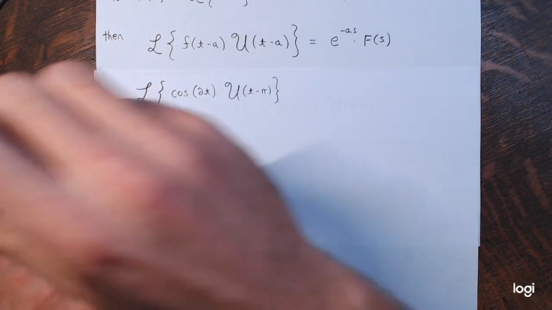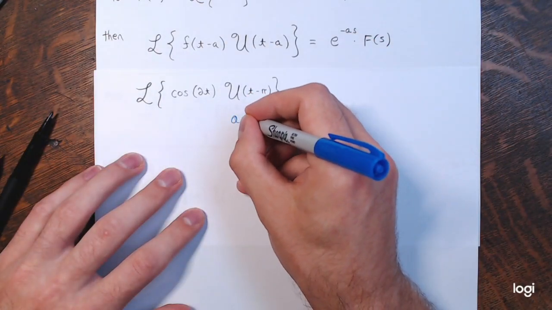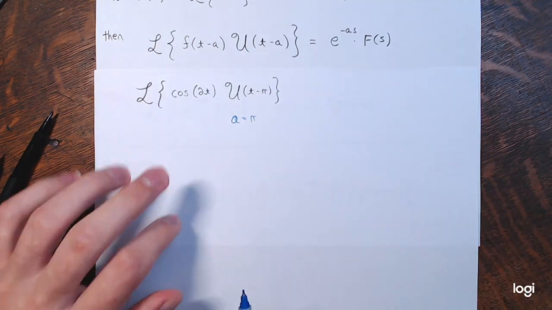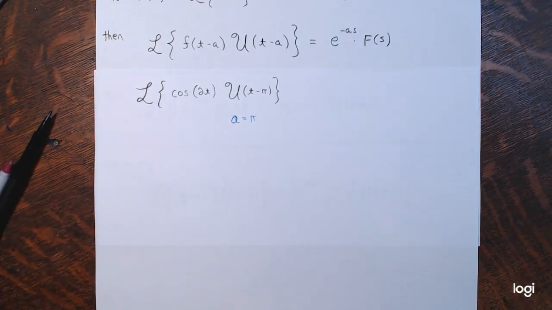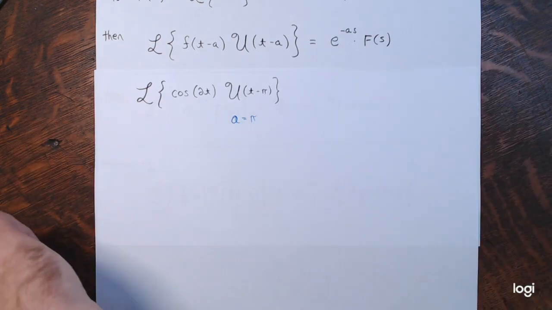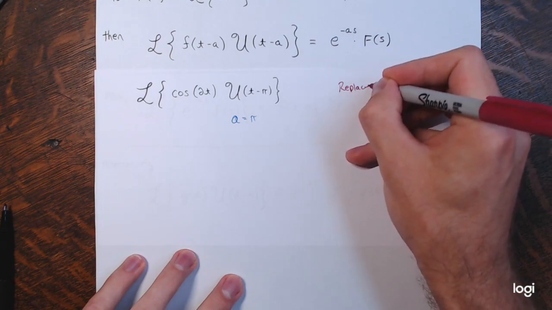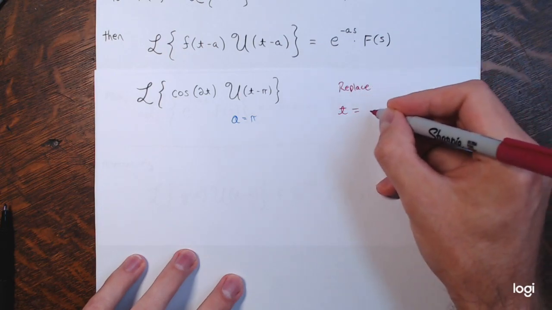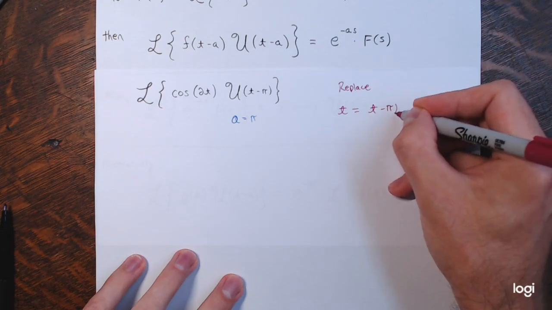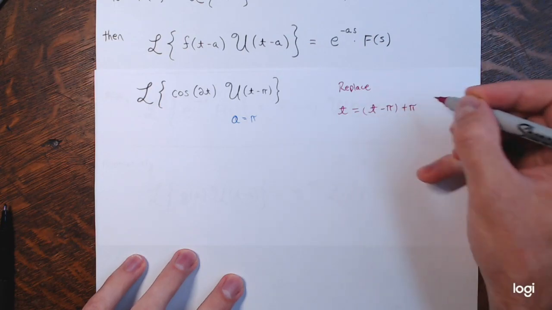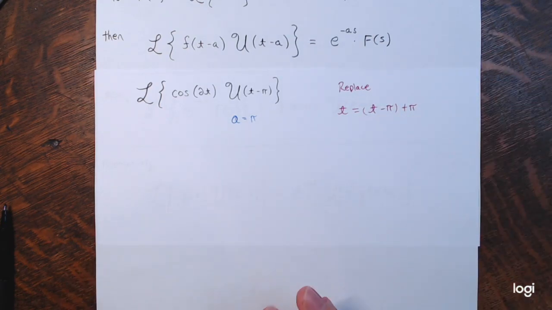Now the value of a is pi, right? The value of a is pi. And to get t minus pi involved here, I'm going to do the following. I'm going to replace t with t minus pi plus pi, kind of like in the last example where I did t plus 2 minus 2.